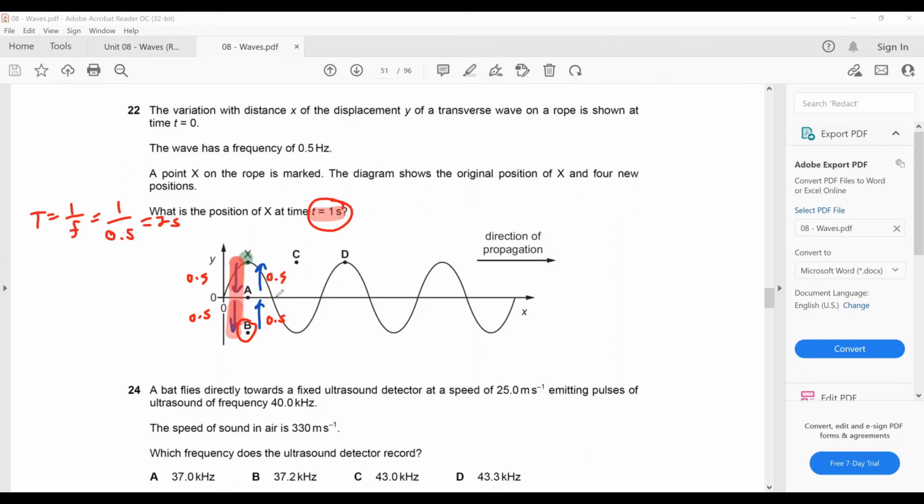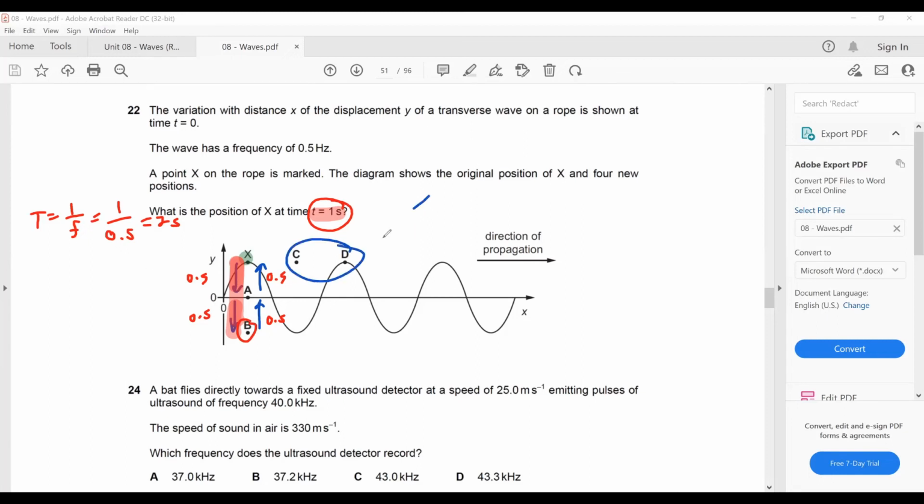This one you don't draw a wave profile to find the answer. This one you try to visualize what happens to the particle itself as it goes through one whole full cycle of oscillation. So here the answer is just B. Okay.